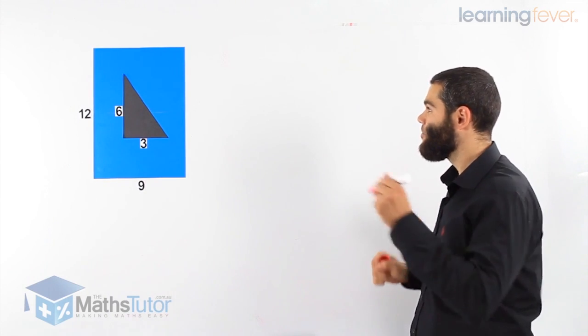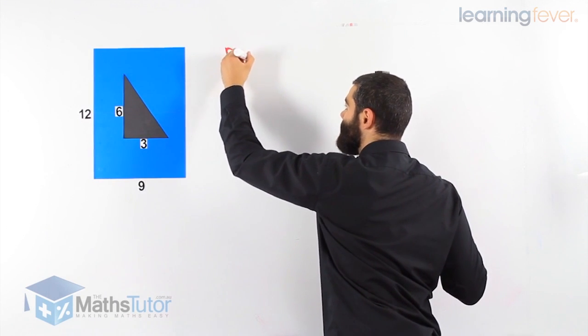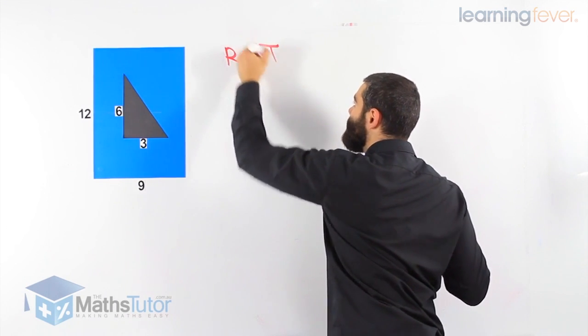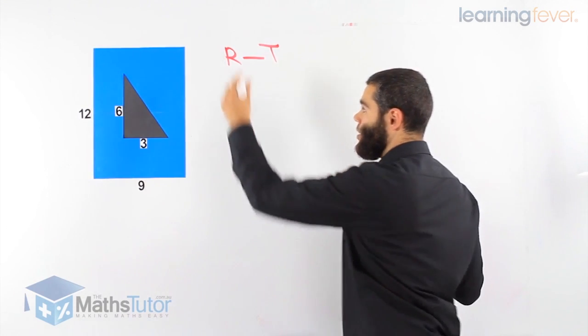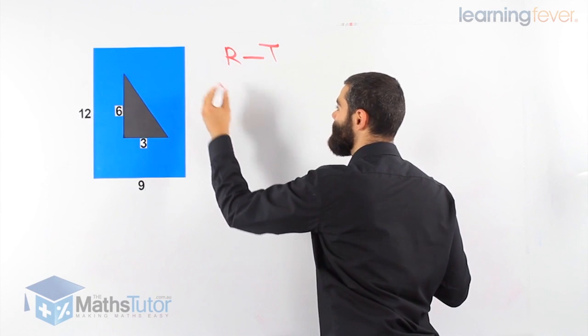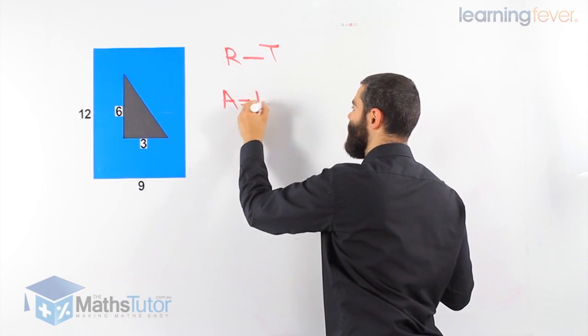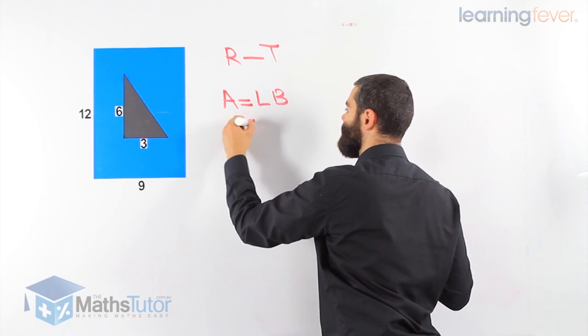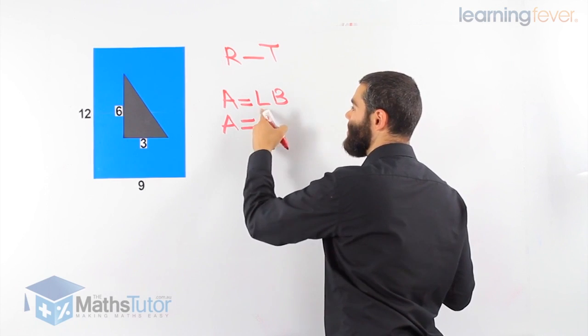Let's get started. We're going to do the rectangle, take away the triangle. That's what we're doing. Well, the rectangle, let's start with that first. Area is length times breadth.